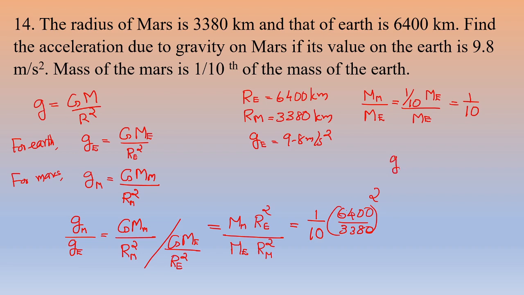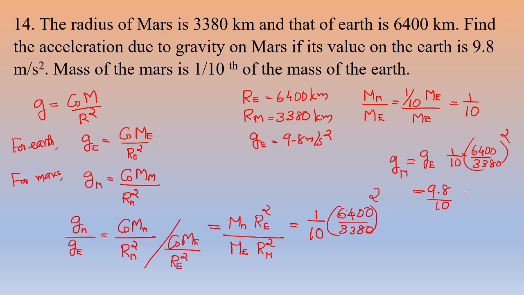And also we can express capital gM, that is acceleration due to gravity on Mars, equal to gE into these values, that is 1/10 into 6,400 divided by 3,380 whole square, and what is the value of g?